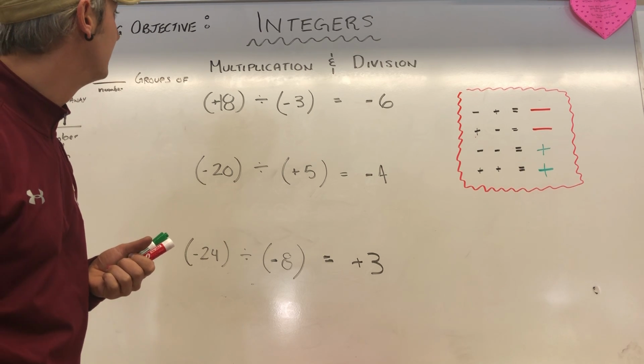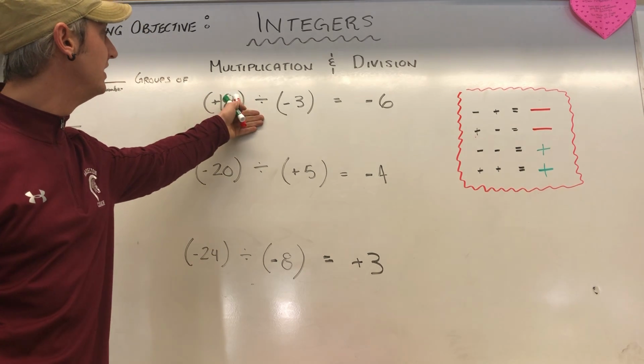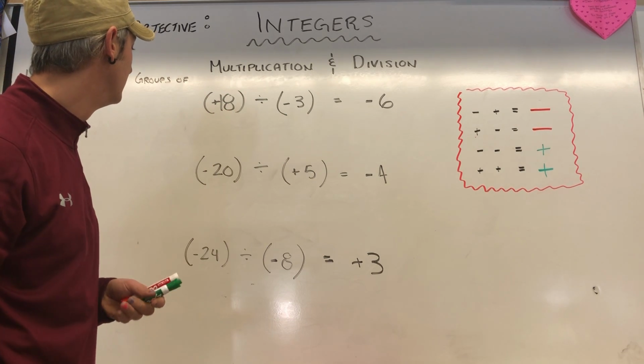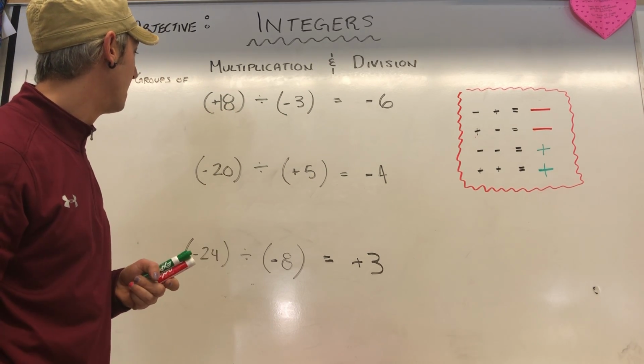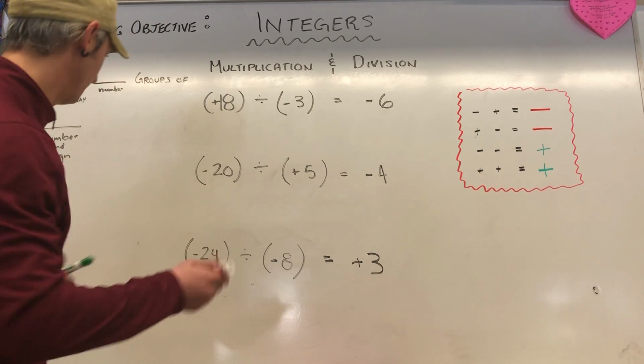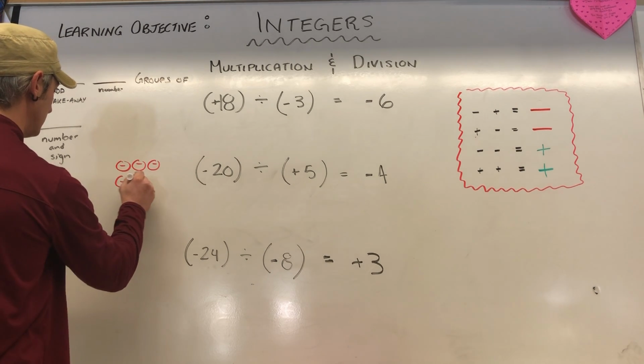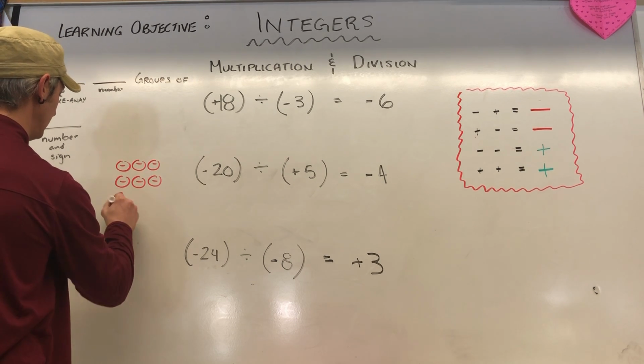I can't do that. I can't take a positive 18 and divide it into groups of negative 3. Here I have negative 20.